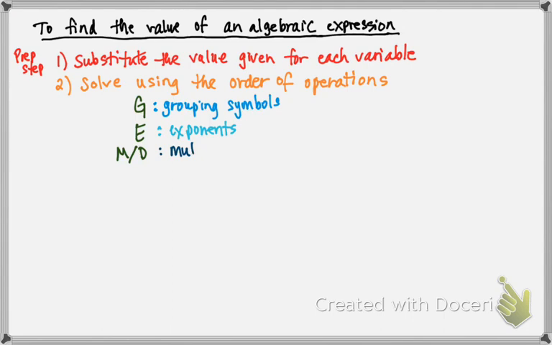So we're going to multiply or divide, whichever comes up first, as you read from left to right, like we read a book. And then last is addition or subtraction. So we're going to add or subtract, just like I said before, as we go from left to right.